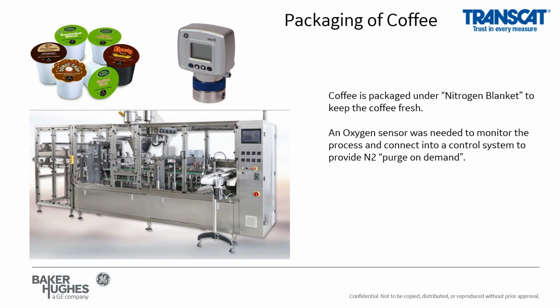In making the individual coffee pods or packets, these are also packaged under a nitrogen blanket. This particular firm was using lots of nitrogen. They installed one of our sensors, and they feed back the signal so that they only supply the nitrogen on demand, and to keep it to roughly about 4% oxygen.